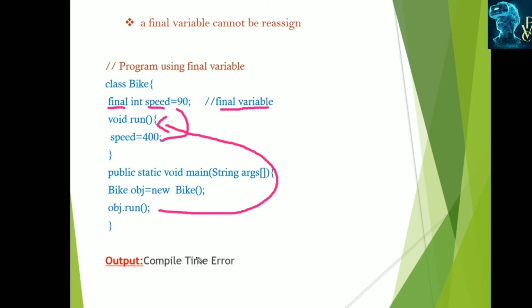When we execute this program, it displays the compile time error, because speed is the final integer, assigned with 90. Here we are trying to reassign the variable speed with 400, so it displays error. So final variables cannot be reassigned once initialized.